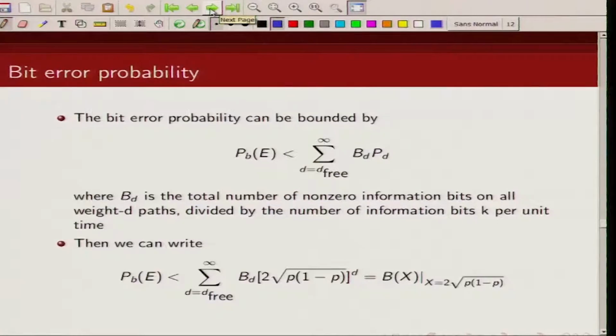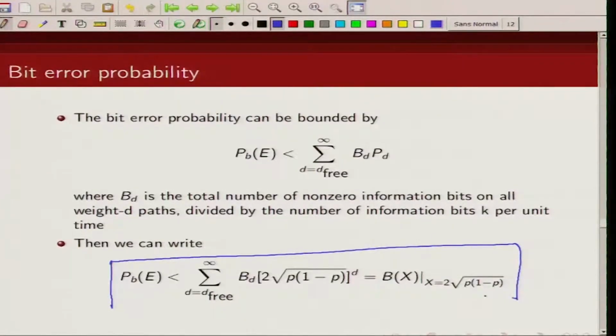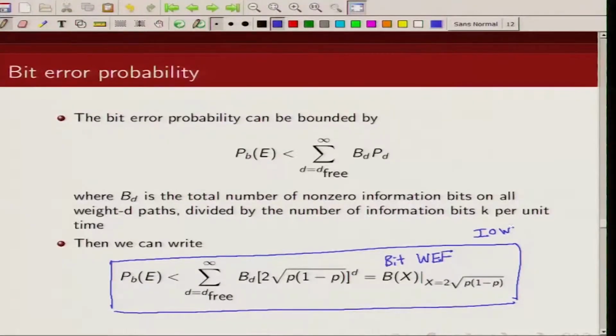So, if we plug that value of bit error rate probability, we can similarly write the expression for bit error rate probability. This is the bit weight enumerating function, and in a minute we will talk about how to generate bit weight enumerating function from input output weight enumerating function or from weight enumerating function.